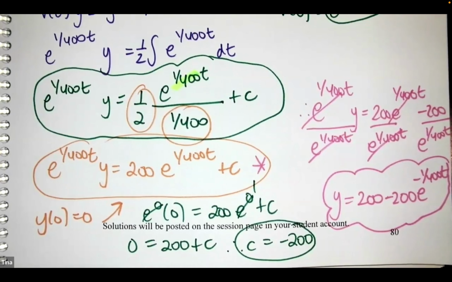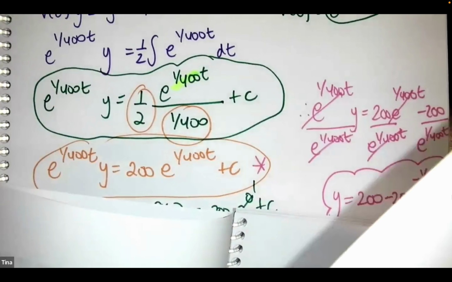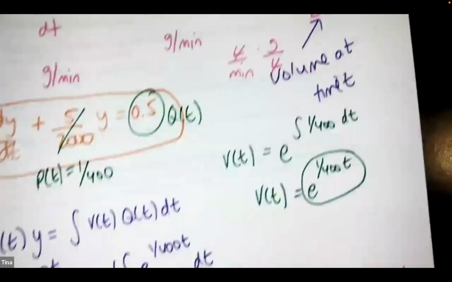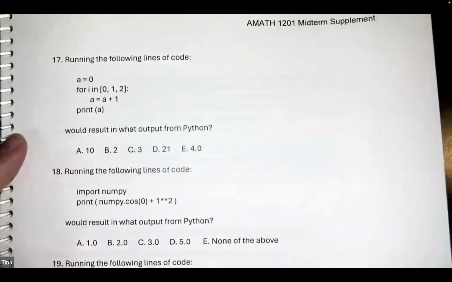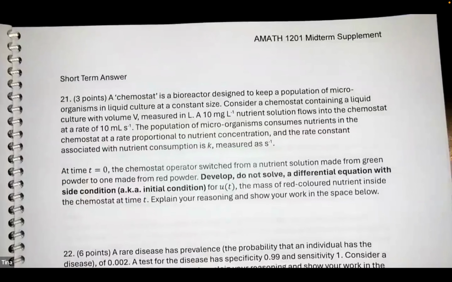So let me see if I can find the one to show you guys. This is kind of what the Python looks like. I made up a whole bunch of questions just like the Python on the exams.